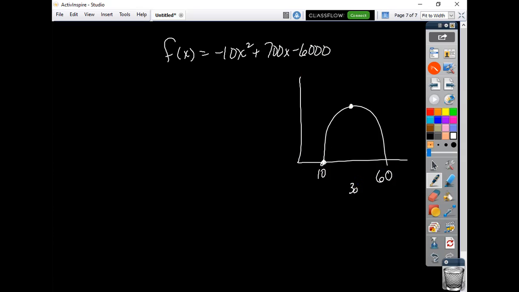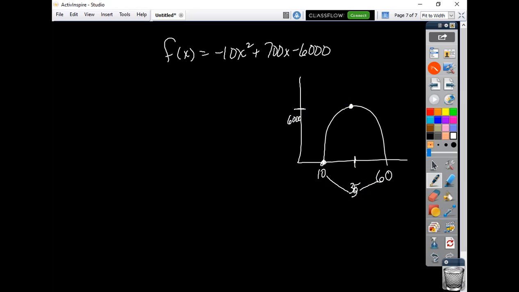That would be 25 away there and 25 away there. So 35, and it goes up to a max height just above 6,000. So 6,000's here.